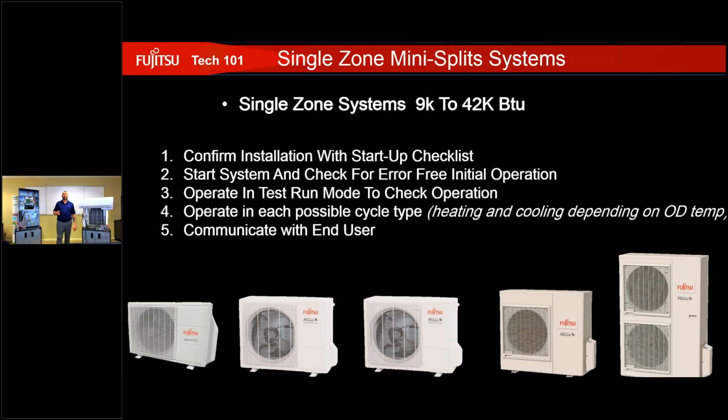Operate it in test run mode, and once you're finished with your test run, operate it in each possible cycle, so heating, then cooling, or cooling, then heating, as long as you can. If the temperature is over 75 degrees outdoor, you're not going to be able to operate the equipment in heating. It won't let you because it's fail-safe, so it protects itself from overheating.